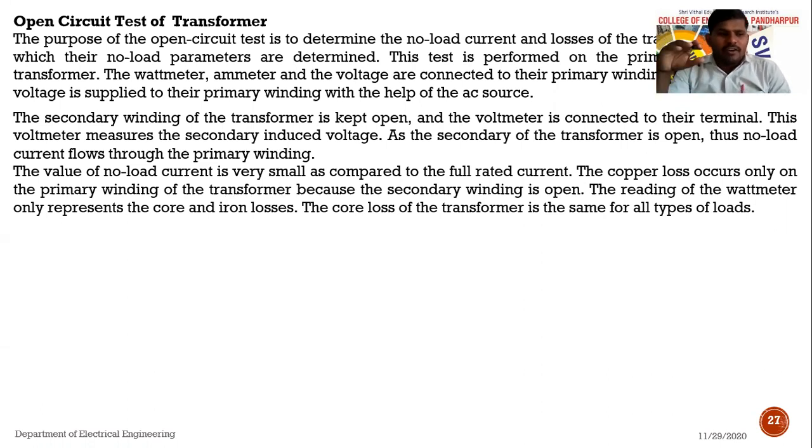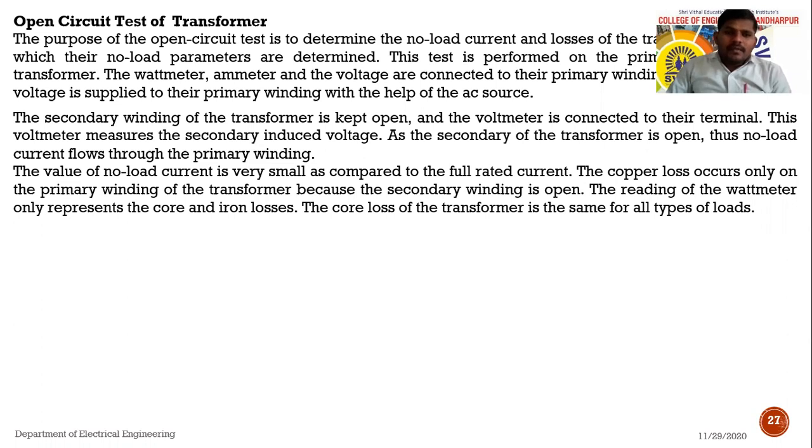Copper loss occurs only in the primary winding of the transformer, because the secondary winding is open, and again due to the small current we neglect that copper loss also. So we can say that by conducting the OC test, or open circuit test, of the transformer, we are finding the no load losses.